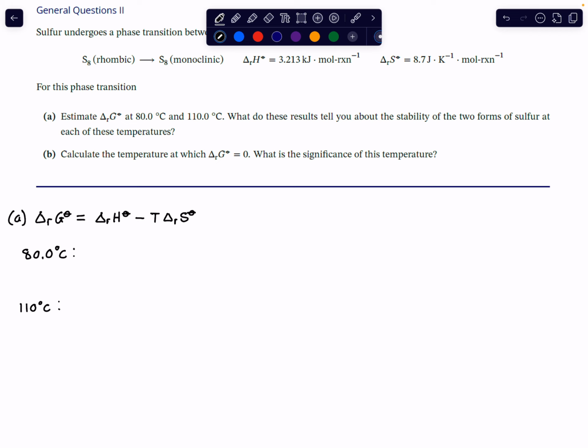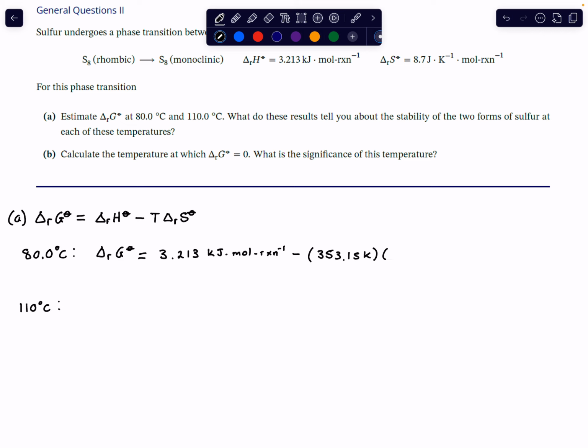All right, so the Gibbs energy of reaction at 80 degrees Celsius is, of course, equal to our enthalpy, which is given as 3.213 kilojoule per mole reaction. And then from that, we subtract the temperature, 80 degrees Celsius, which is 353.15 Kelvin.